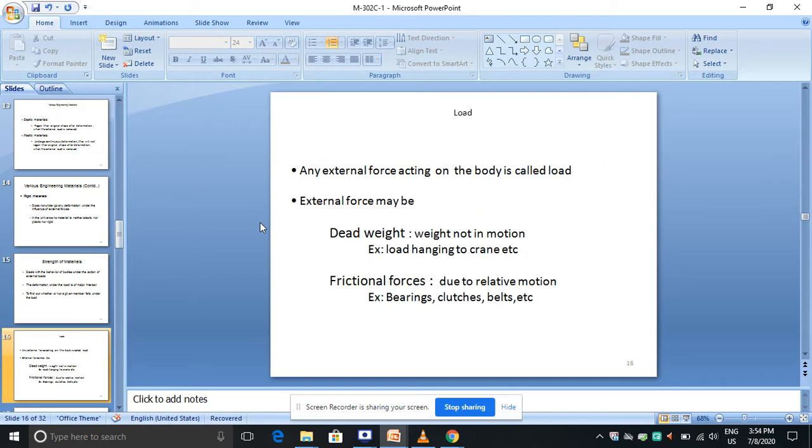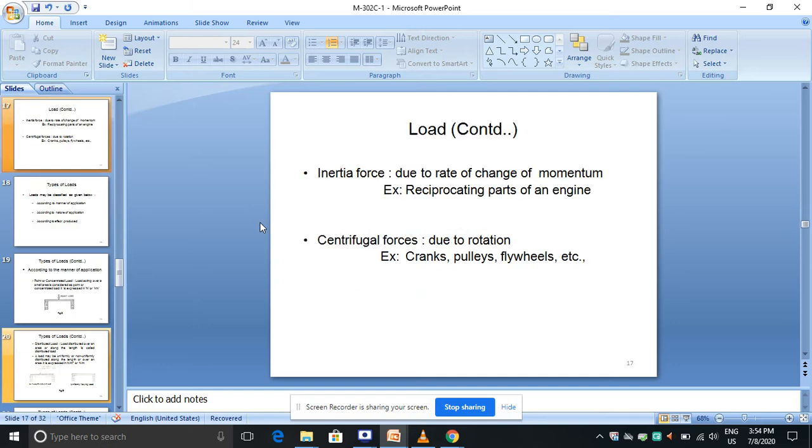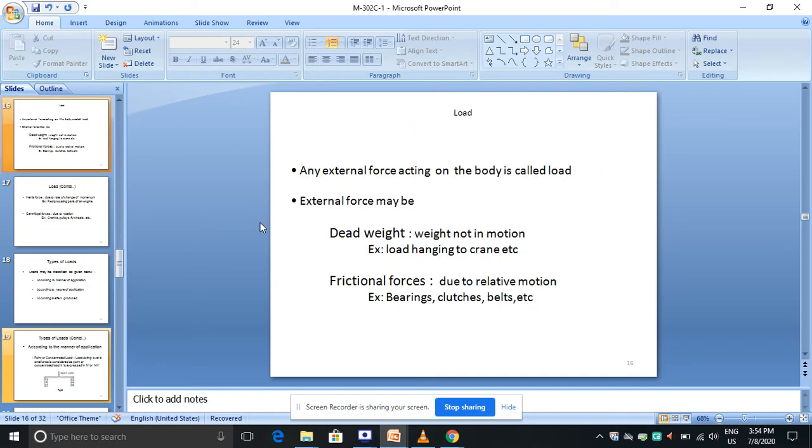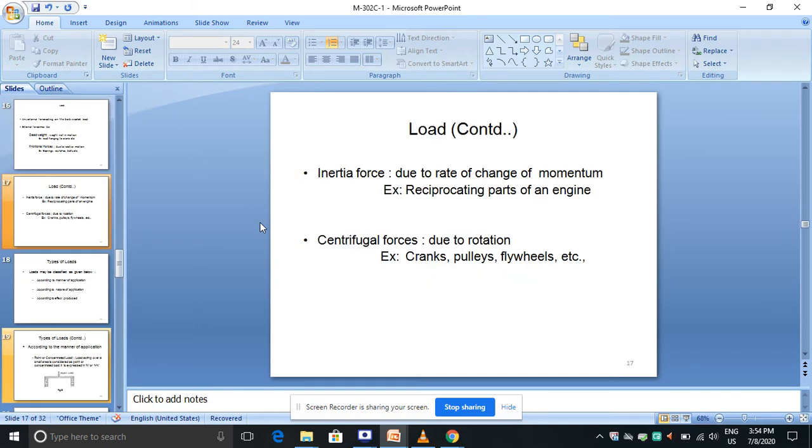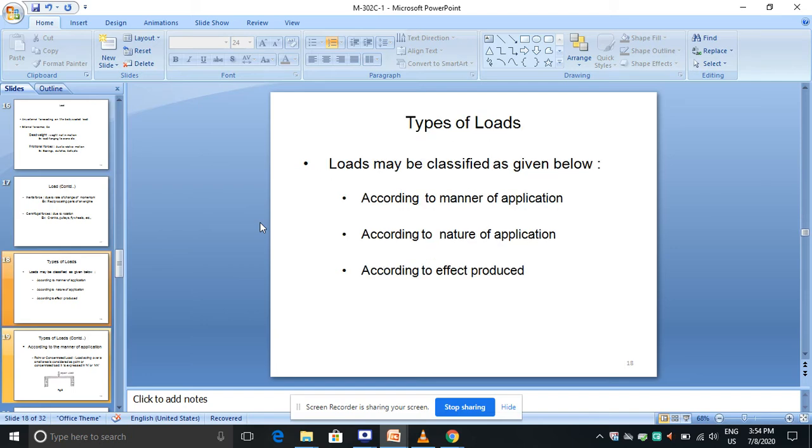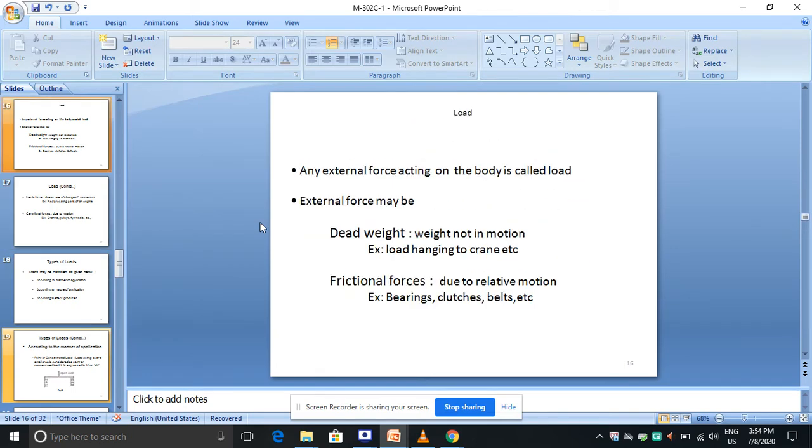An external force acting on the body is called a load. External forces are classified into dead weight, frictional forces, inertial forces, and centrifugal forces. First, dead weight: weight not in motion. Example, a load hanging on a crane is dead weight.